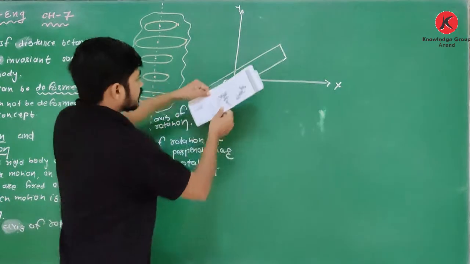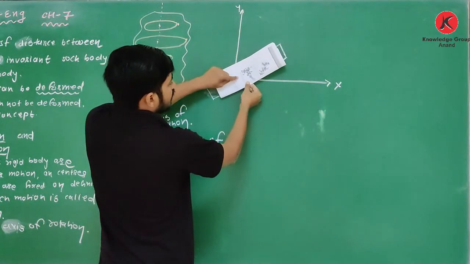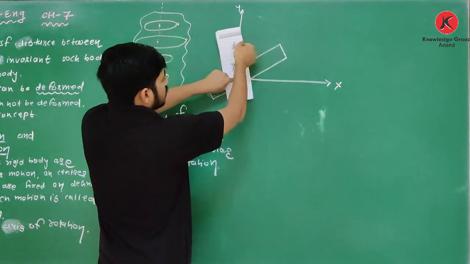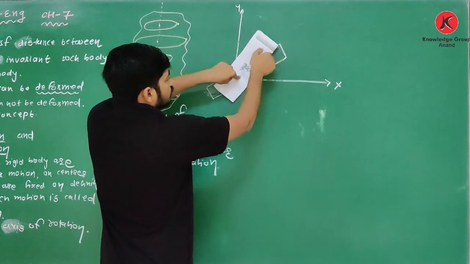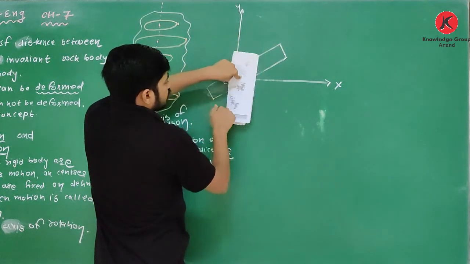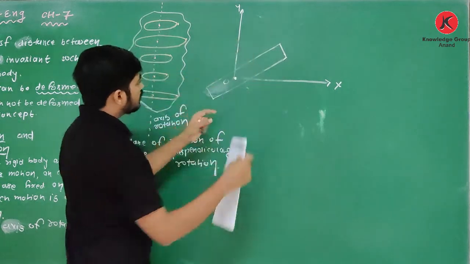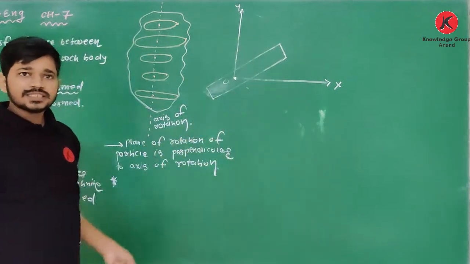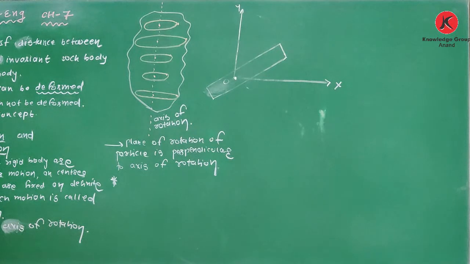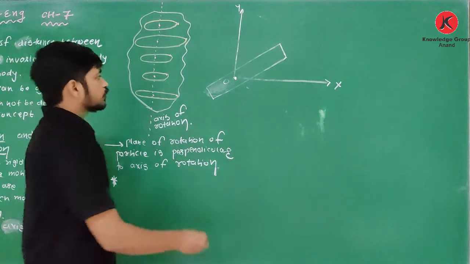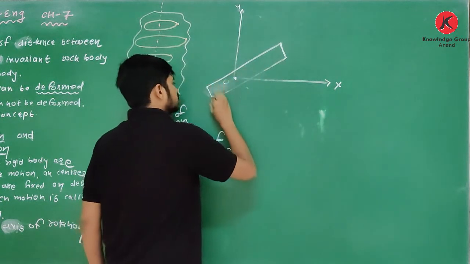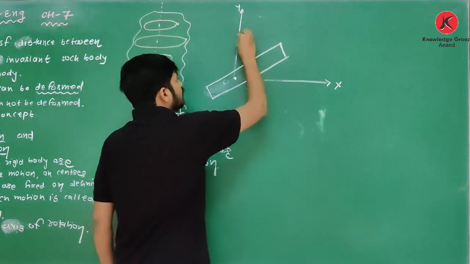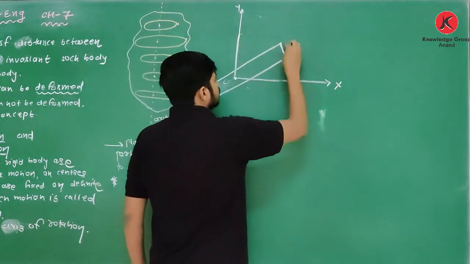Suppose it is a rigid body performing rotational motion like this. See, you can see circles. So each and every particle will perform circular motion. Clear? So we have one rigid body which is performing rotational motion in this direction.